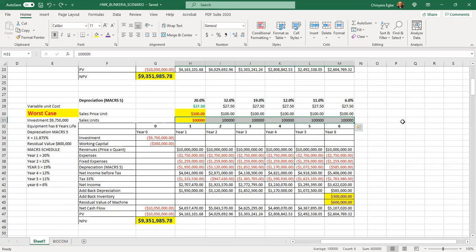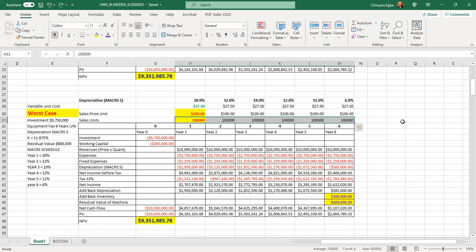And if you have scenarios in between the worst and the base, and between the base and the best, you also just change those numbers. But the thing about scenario analysis is that all the value drivers are changed simultaneously, in the direction of the scenario.